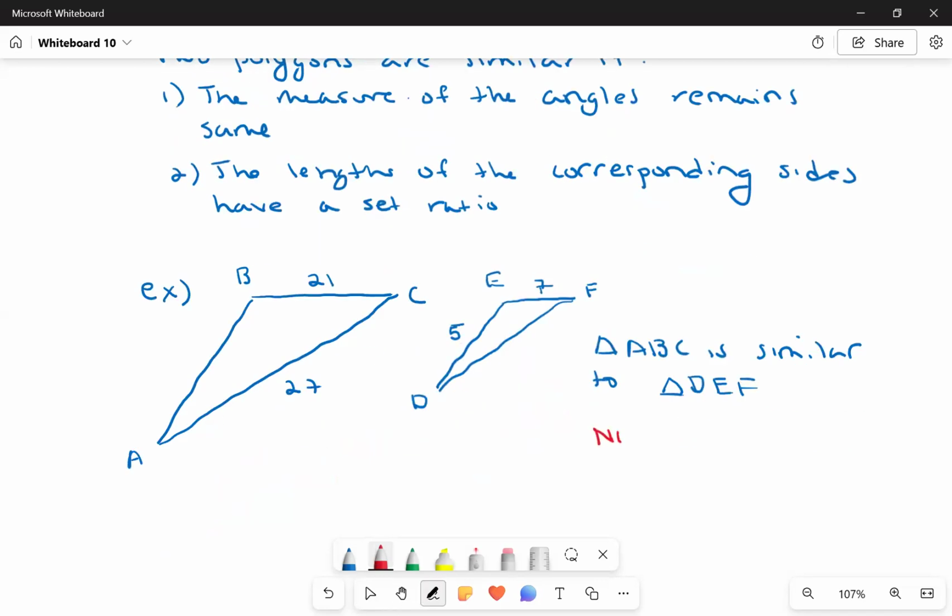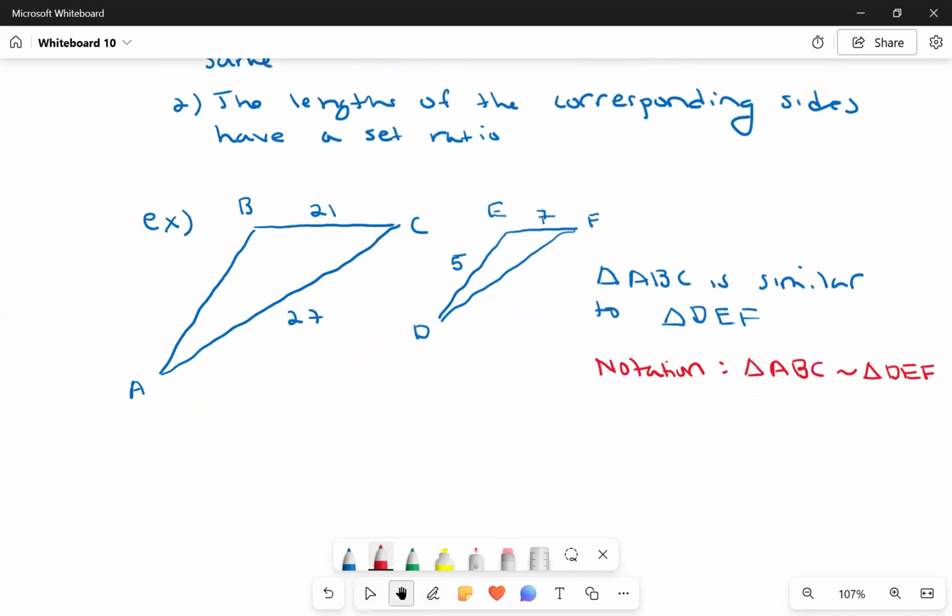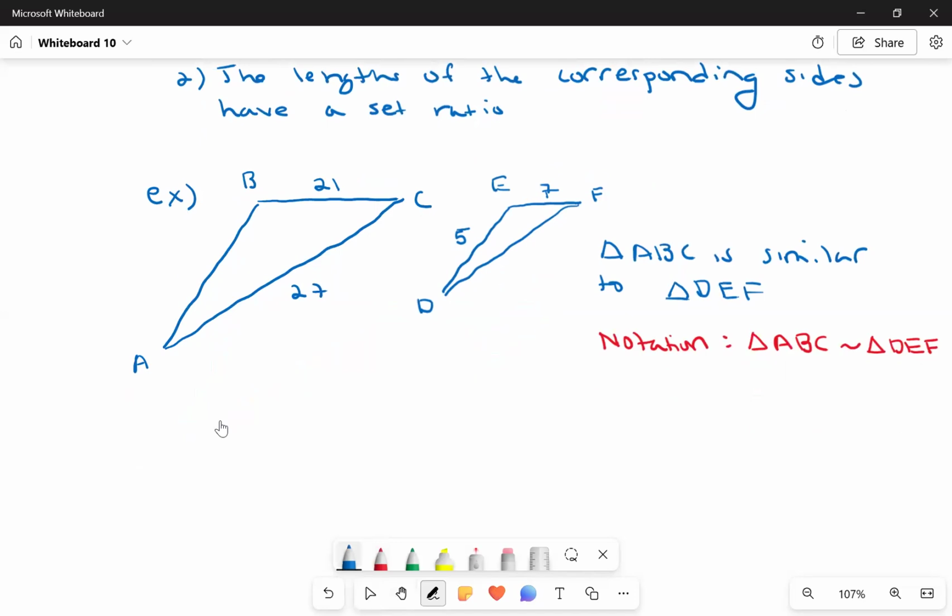So instead of approximate signs, for saying that two figures are similar, we use a single little tilde. So when I state it like this, I'm saying that triangle ABC is similar to triangle DEF. All right, cool. So now that I know that, here's the thing that I'd like to find. I'd like to find the missing sides.